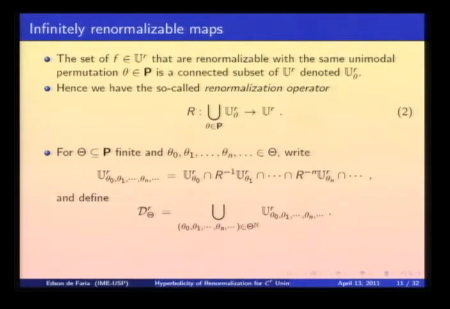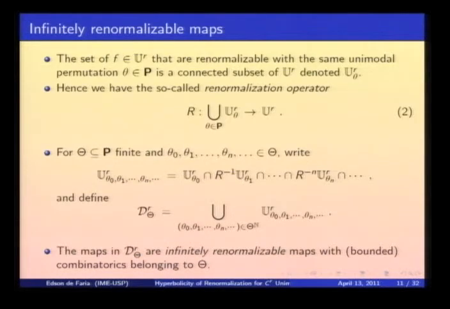So you can consider the union of all such things over all sequences of permutations in this set, and what you get is what we call the infinitely renormalizable maps with combinatorics belonging to this set theta. Since theta is supposed to be finite, we call them bounded combinatorics. Okay, so these are maps of bounded combinatorics belonging to theta.